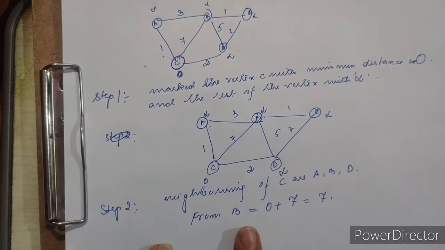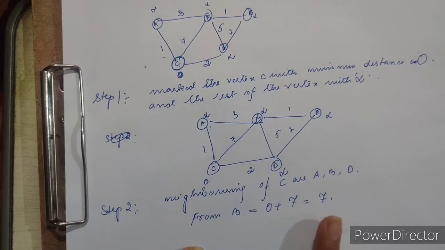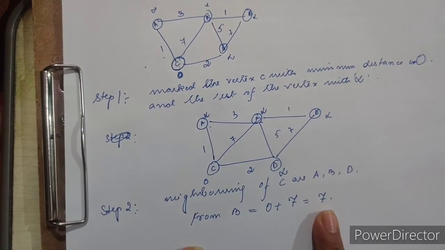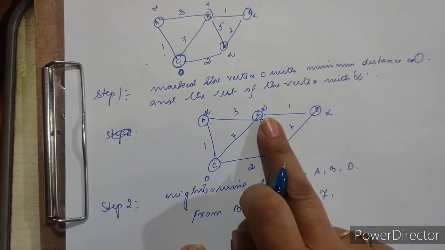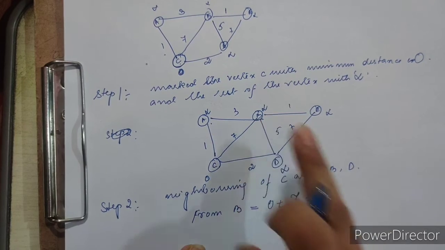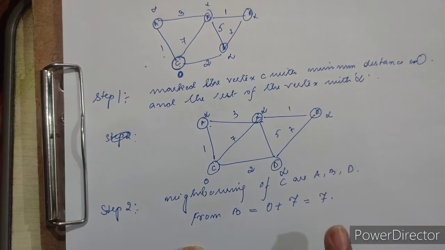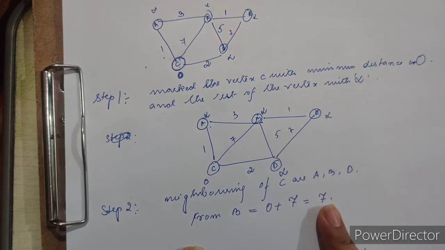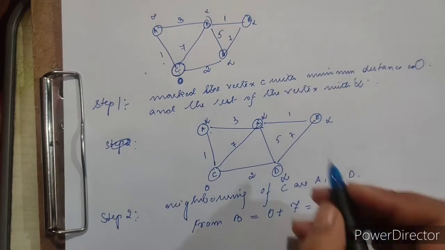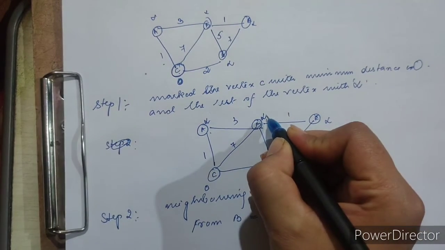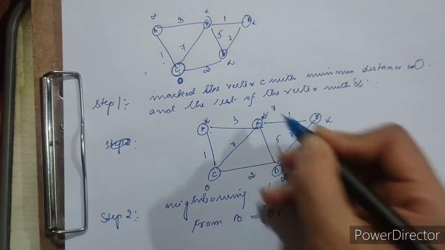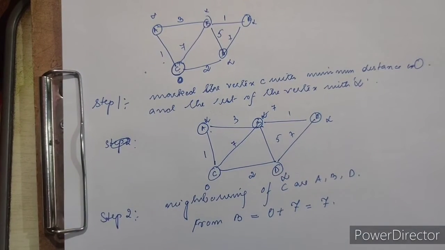Now this value is compared with the minimum distance of B, that is infinity. The least value is the one that remains as the minimum distance of B. In this case, 7 is less than infinity, so we mark the least value at node B. So instead of infinity, it will be marked as 7.